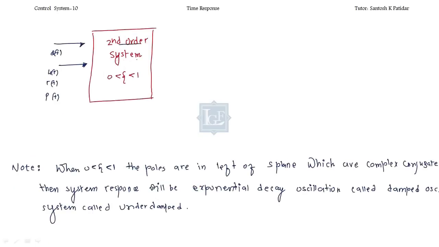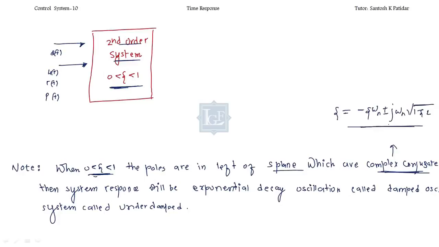Correct? So come over here. Your system is a second order system, and the zeta value is in between 0 to 1. Now we have seen, according to the characteristic equation, that the output will be damped oscillation. When zeta is in between 0 to 1, the poles are in the left of the S plane, which are complex conjugates. Remember the poles we have calculated: minus zeta omega n plus minus j omega n square root of 1 minus zeta square.